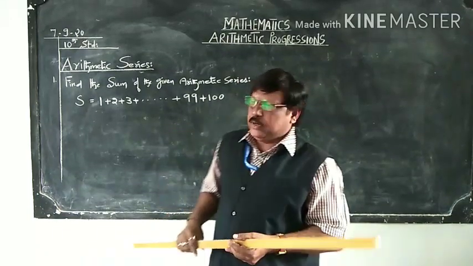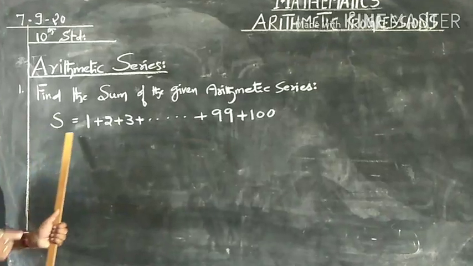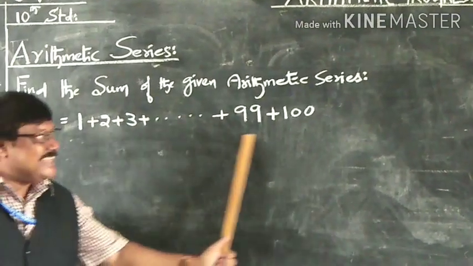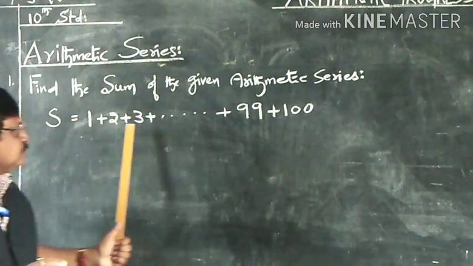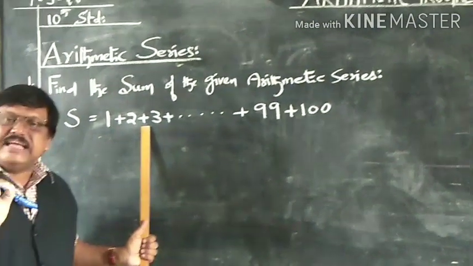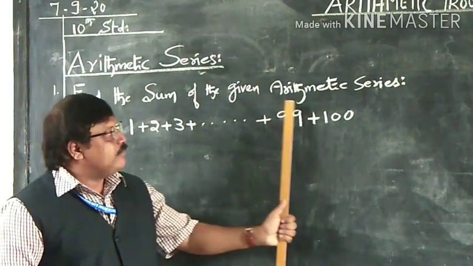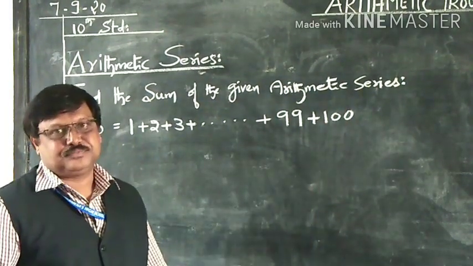You see now this problem. Here is an arithmetic series, because in between the terms a plus sign is there. So it is an arithmetic series. Find the sum of the given arithmetic series.